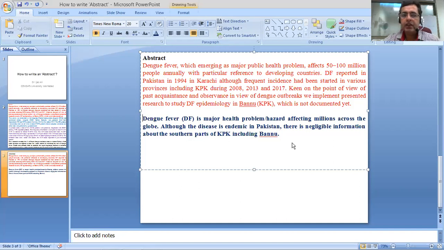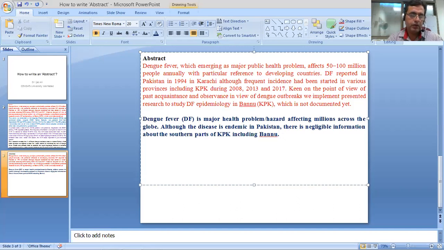But there is negligible information about the southern parts of KPK, including Banu. And that's why you are actually doing this particular study. So in the next sentence, as I told you about the aim of the study, this is the background and rationale, and then you can follow it by the aim of the study.